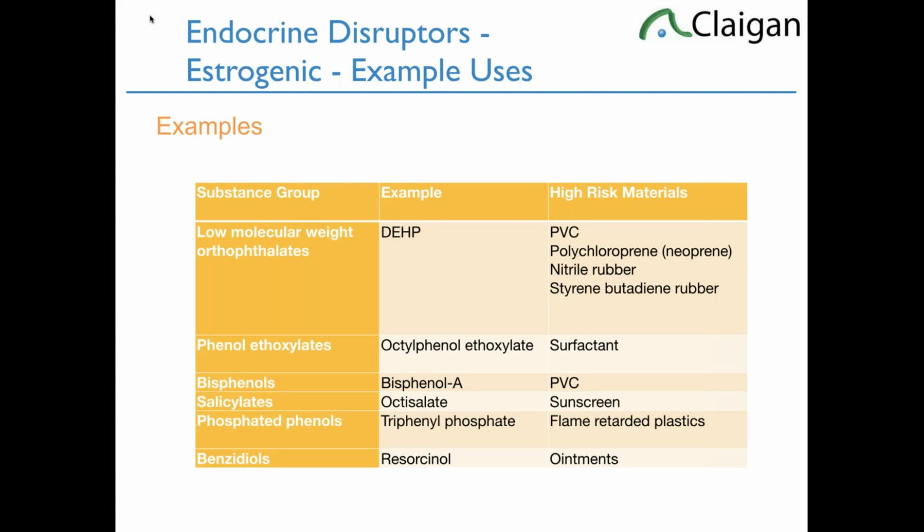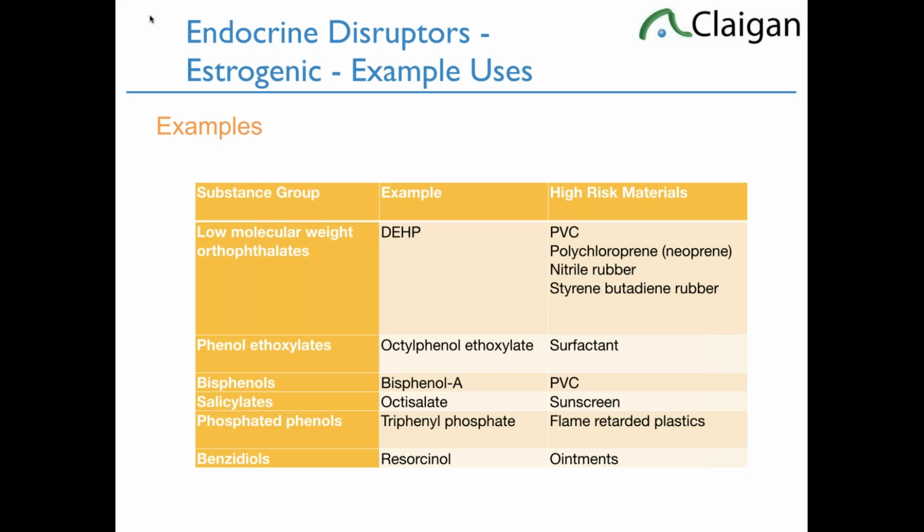It's a very common low molecular weight plasticizer for PVC, neoprene, nitrile rubber, styrene butadiene rubber, basically shoe soles. The phenol ethoxylates, octylphenol ethoxylate or nonylphenol ethoxylate surfactants. It's how laundry detergent worked till about 2005. Bisphenol A, which people think about in polycarbonate, but it's actually a very common antioxidant in PVC. It's usually at a higher concentration in PVC than in polycarbonate.